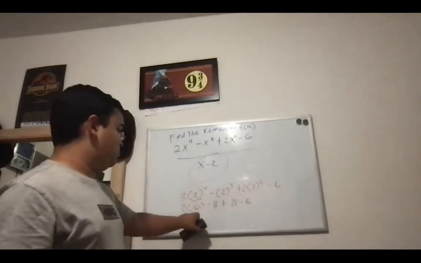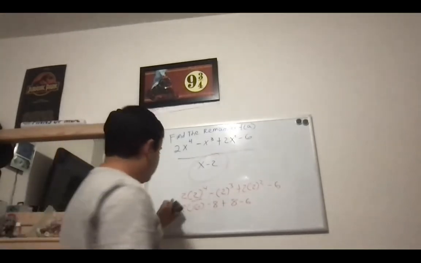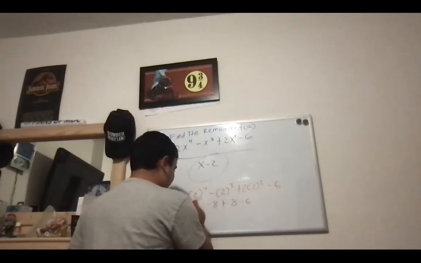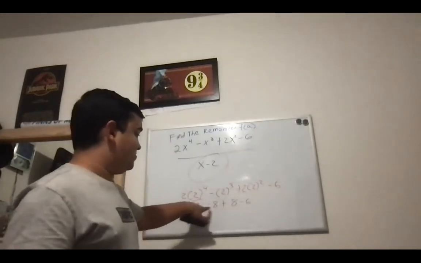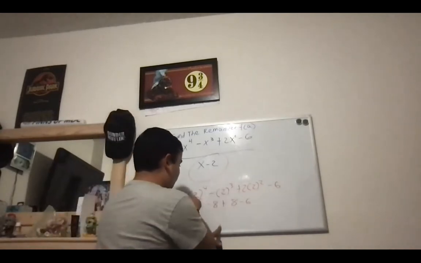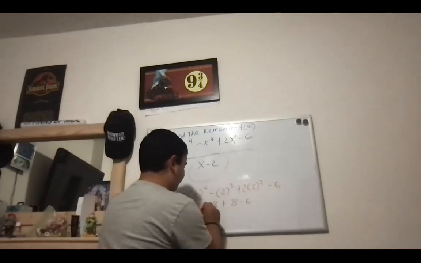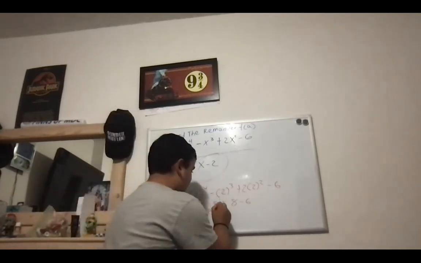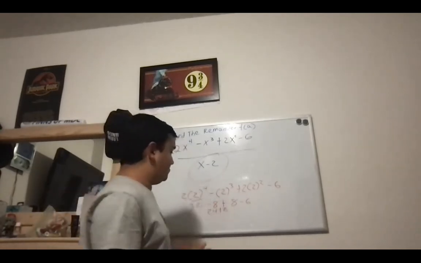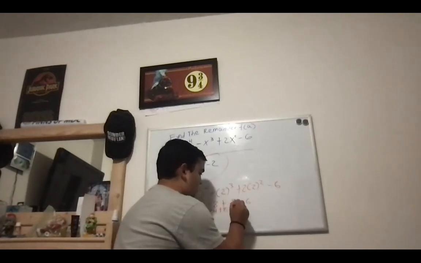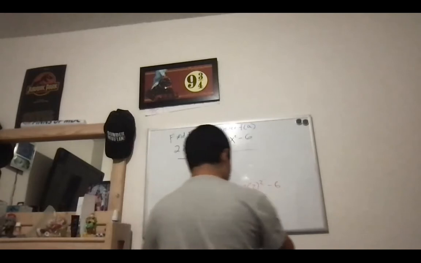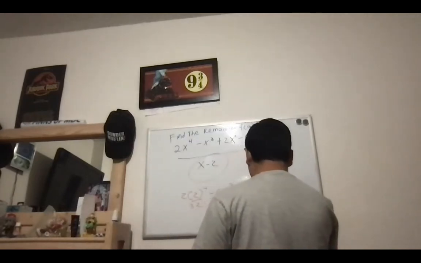So we already know that 2 times 16 is just 32. 32 minus 8, we have 24. Then we have 24 plus 8 is 32. And then we have the 32 minus 6 equals 26.